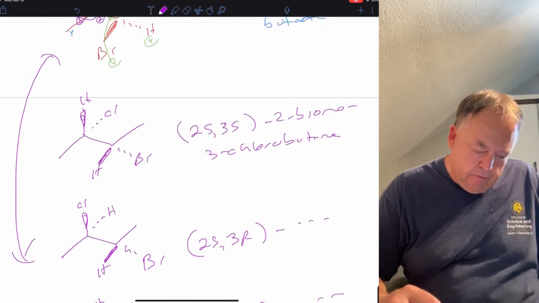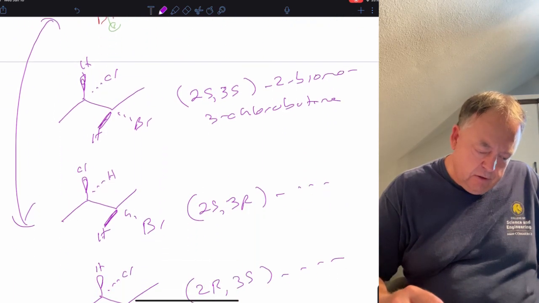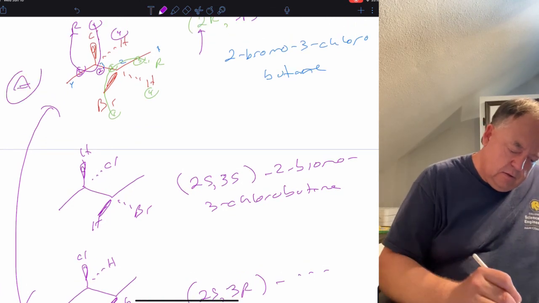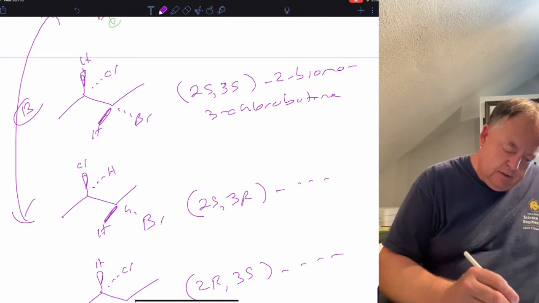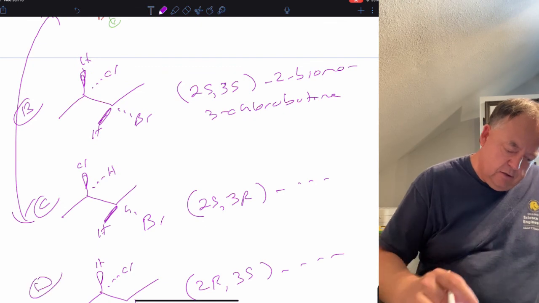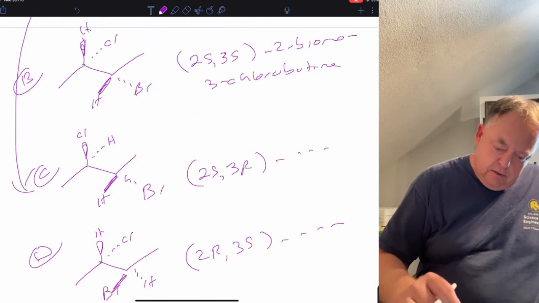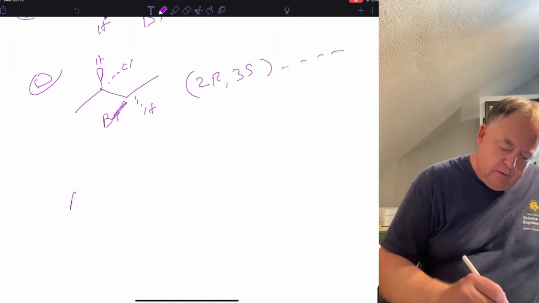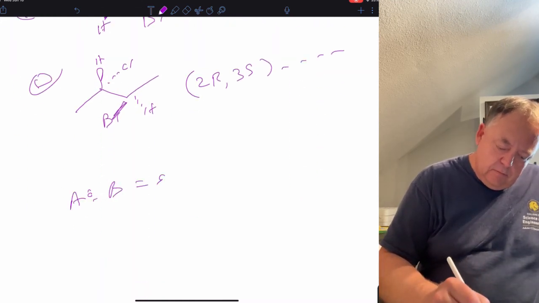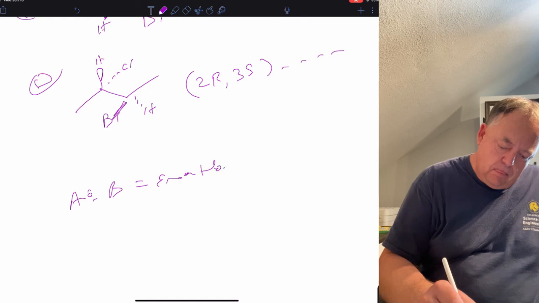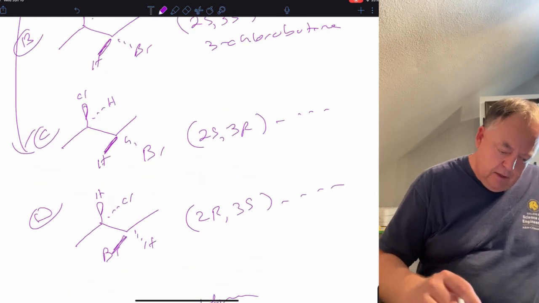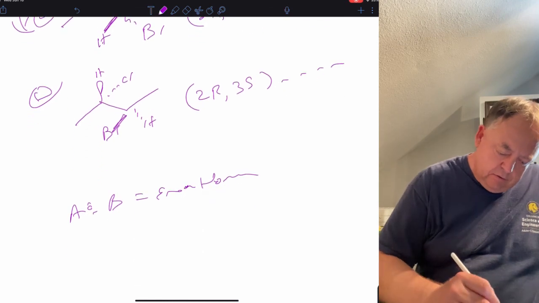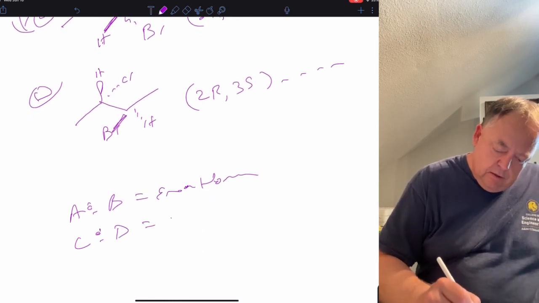And what would be enantiomers? If this is A, B, C, and D, then the 2R, 3R, so A and B would be enantiomers. C and D are opposite stereochemistry, would be enantiomers.